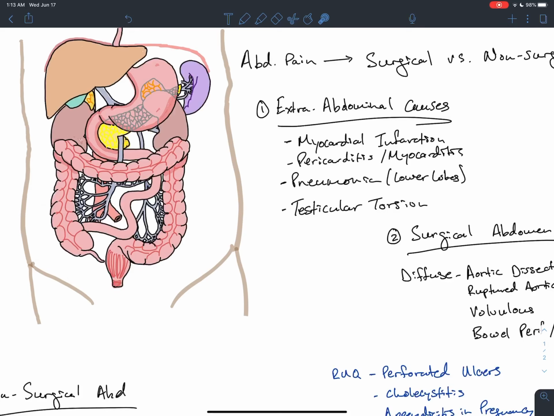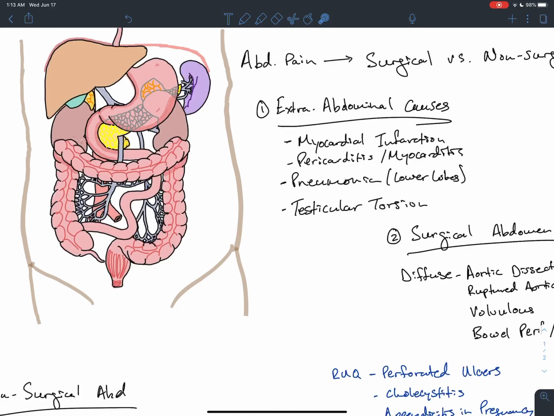So males with vague abdominal pain, usually I believe it was the left, have one of the testicles laying on its side like this versus the other one's up and down, and you can't really reduce the one that's like this back to the up and down position.